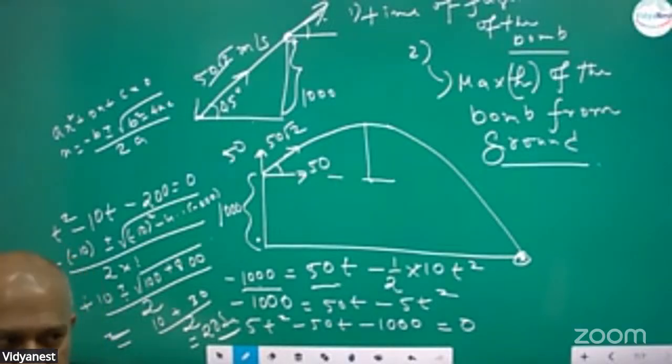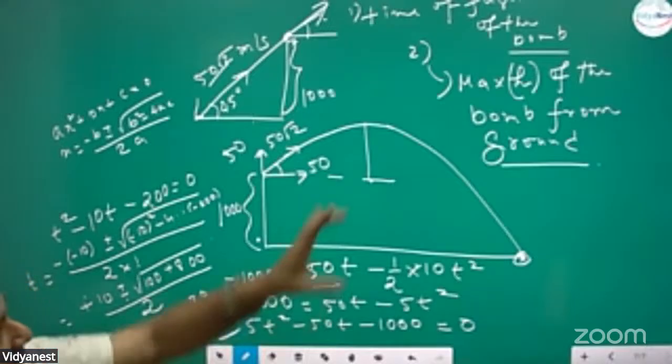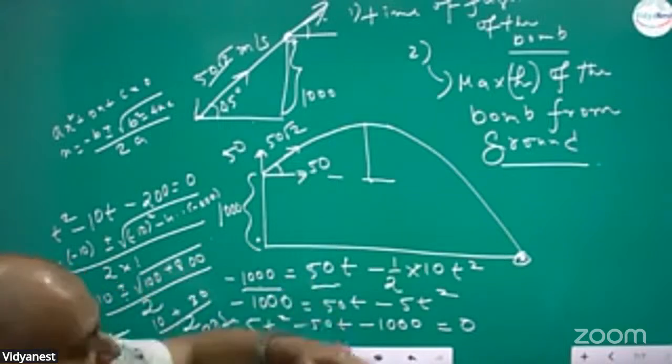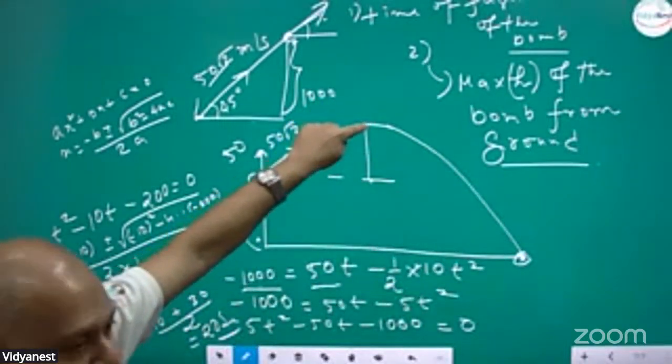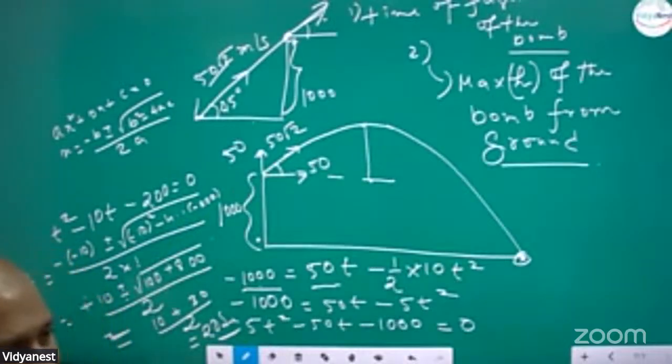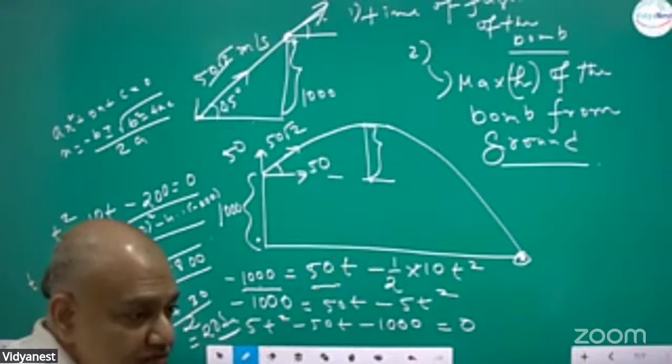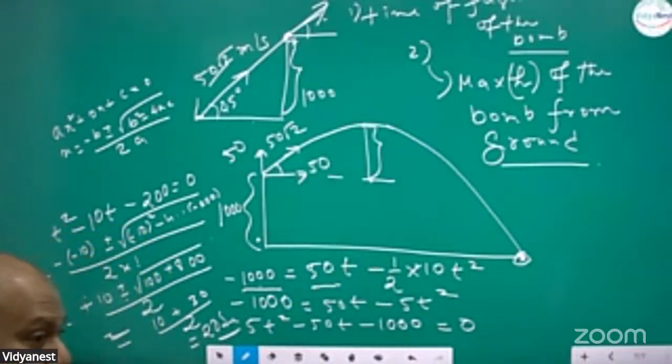Very good. Now the remaining portion, can you solve? What is the maximum height of the bomb from the ground? We can find this height by our previous formula, just what we have solved: U square sine square theta by 2g.